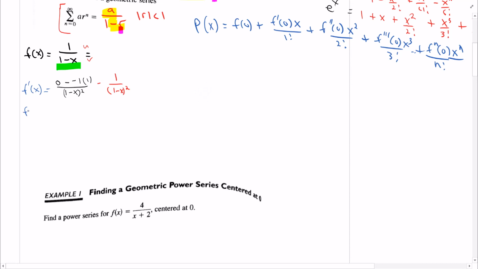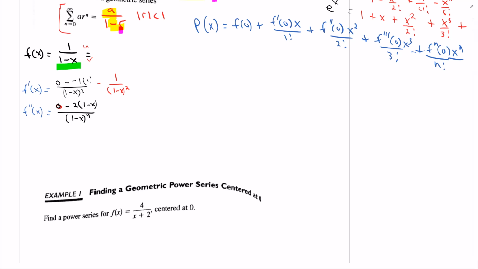And then we're going to find the second derivative, where the derivative at the top is still 0. 0 minus the derivative of this piece is 2, 1 minus x to the 1 times 1 over 1 minus x quantity to the 4th power now.